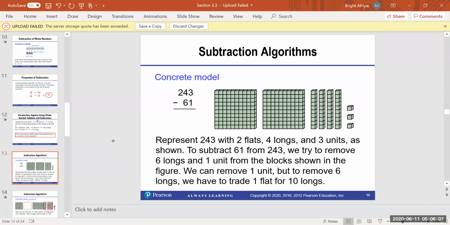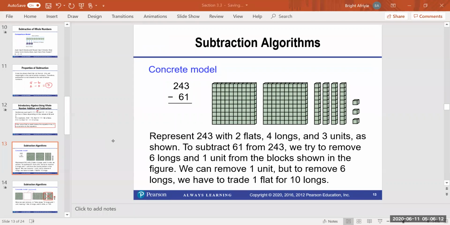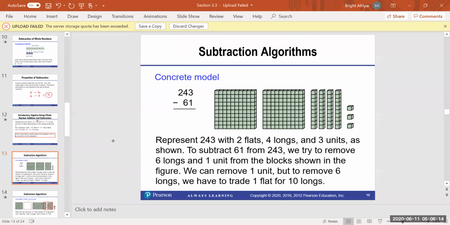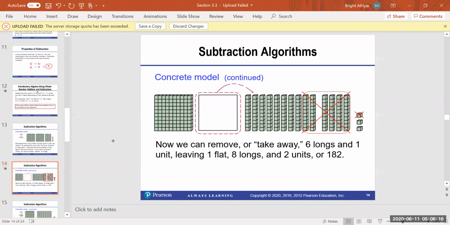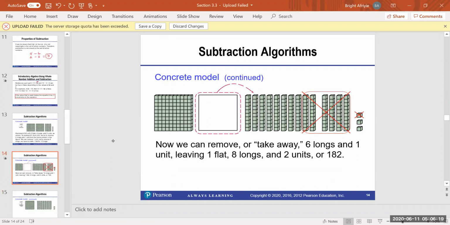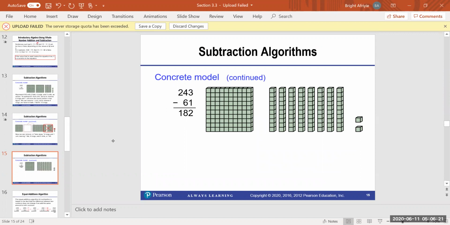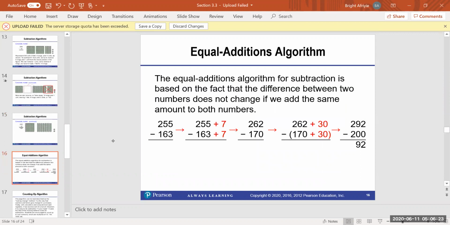So, sweet. And we have looked at the concrete model, and here you just subtract. Just like we did in the other section, the concrete model, like we did in the addition, you just add and subtract.